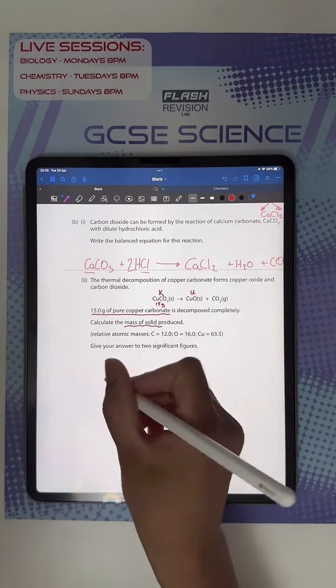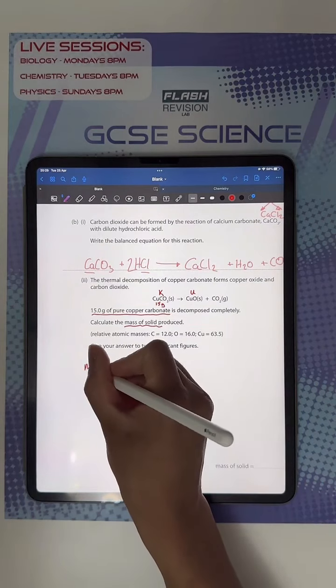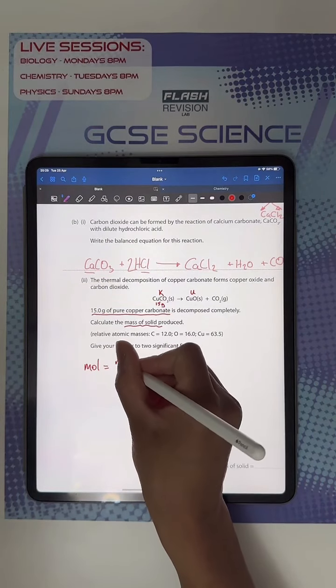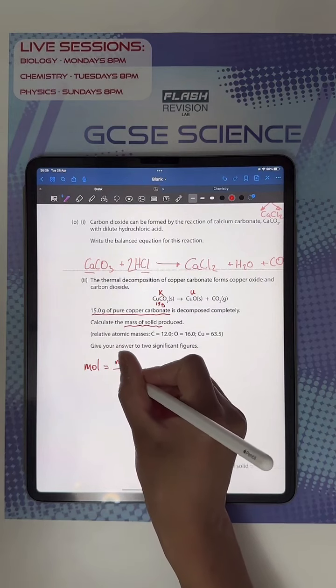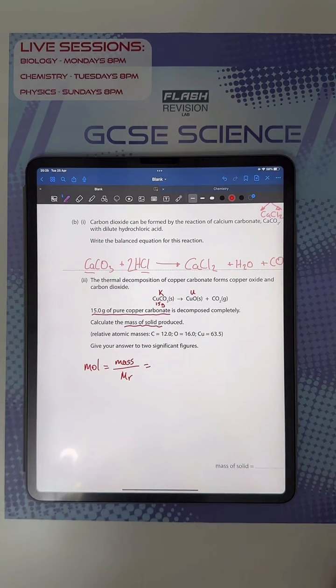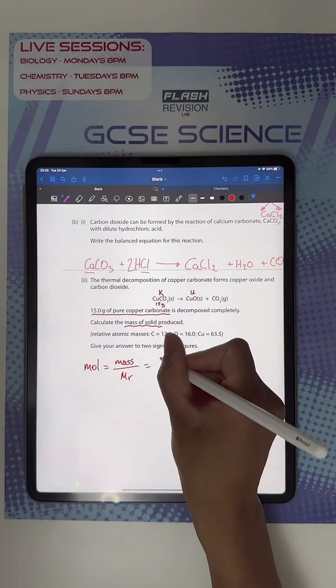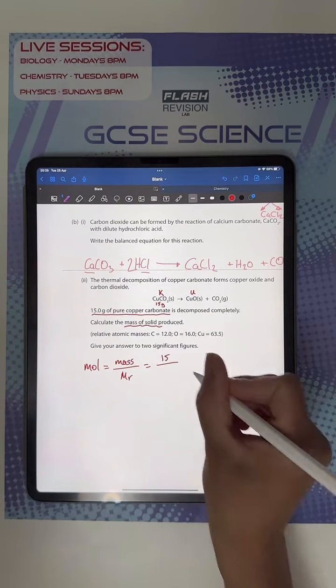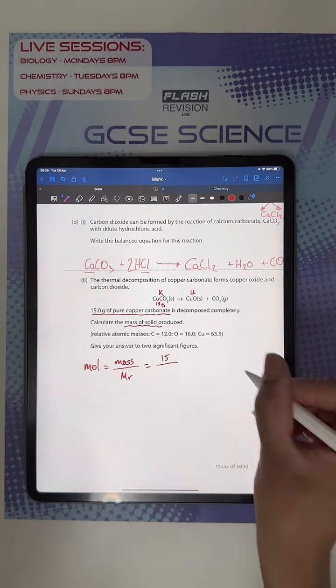Okay, so our known, we want to work out the moles of our known. So moles equals mass over MR. So what's the mass that we're going to use? Not mass times MR, it's mass divided by MR. 15 grams, thank you. 15 grams divided by the MR of copper carbonate.